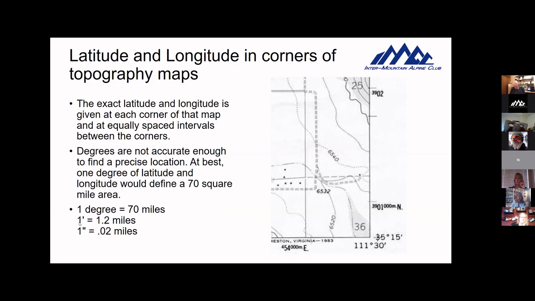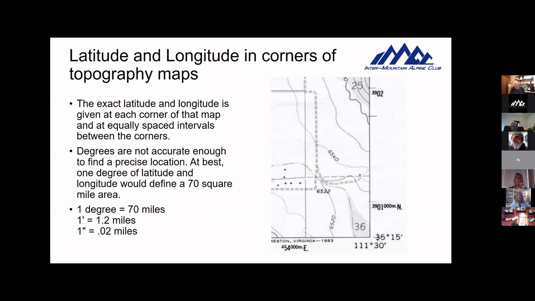This becomes important because most of the maps you'll look at are 7.5 minute maps, quadrangles. Right here on the corner of this Mount Rainier, one of my favorite maps, it'll say 7.5 minute quadrangle. That means 7.5 minutes times 1.2 miles.